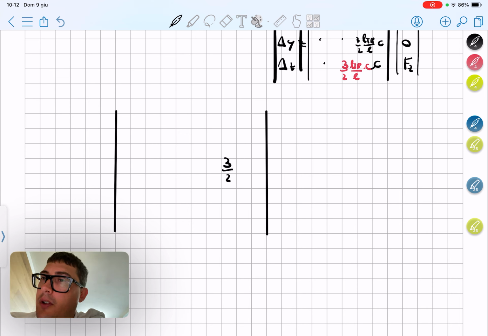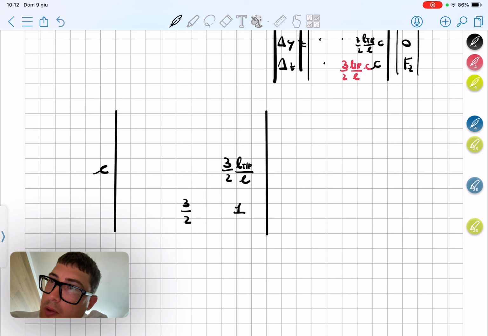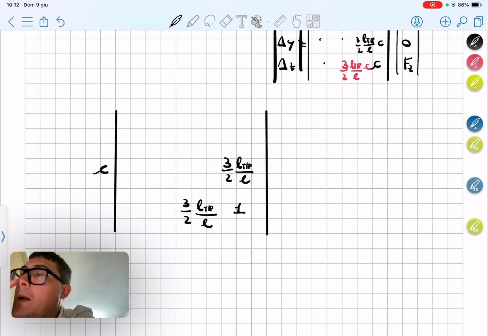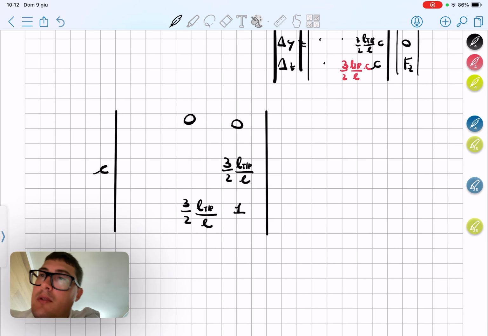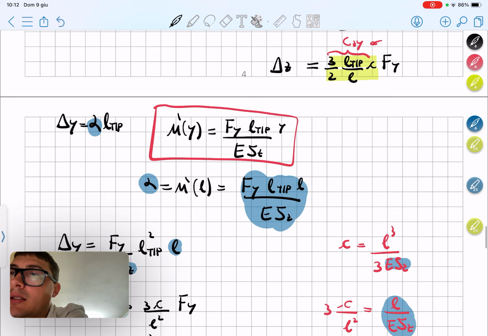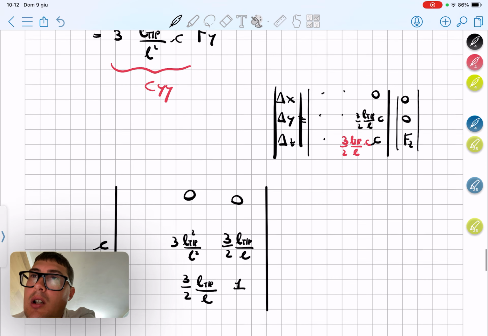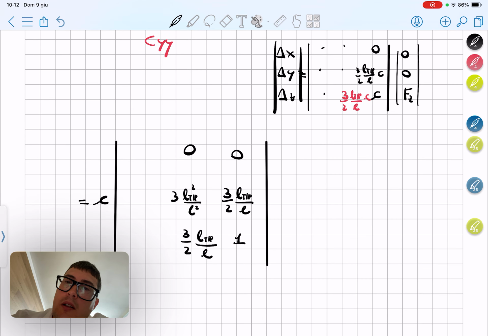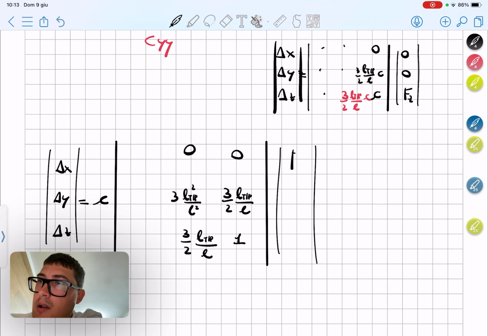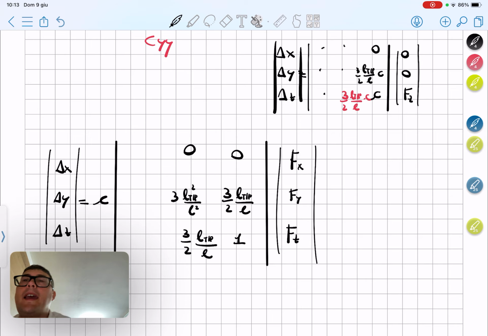So it's 3 over 2 L of the tip divided by L. Let me also gather a C. So one here, this is 3 over 2 L of the tip divided by L. And this was 0, this is 0. And what else? I need CYY, which is just calculated as 3 L tip squared divided by L squared, because I gather up a C. And this is our delta x, delta y, delta z vector, and this is f of x, f of y, and f of z. Okay, so we are populating.